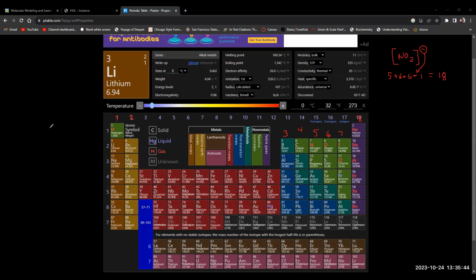So let's build our structure. In this case, nitrogen will be in the middle, and then we have our 2 oxygens. And let's draw out.